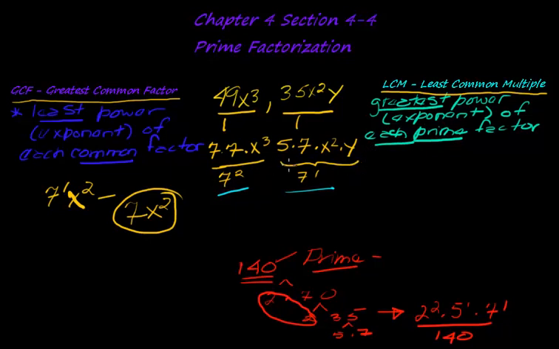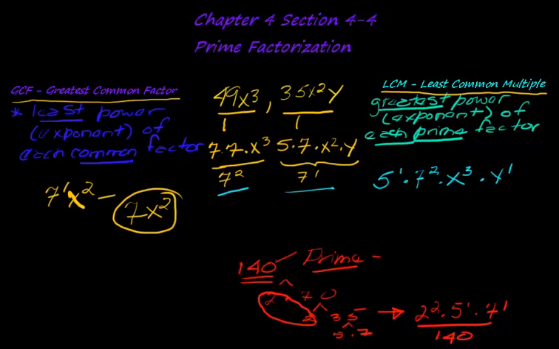So let's go through this. Is 5 a prime factor? Yes, it is. And to what greatest power? It is to the 1. Times, is 7? Yes, it is. What is the greatest exponent or power? 2. Is x? Yes, it is. Greatest power is to the third. Is y? Yes, greatest power is to the 1.